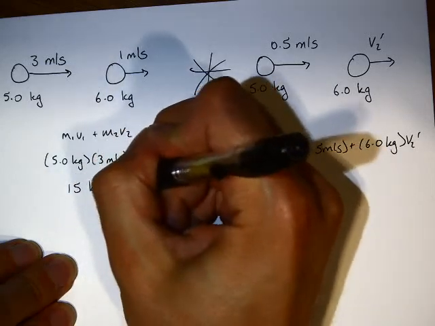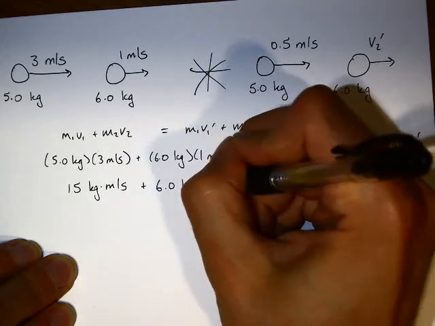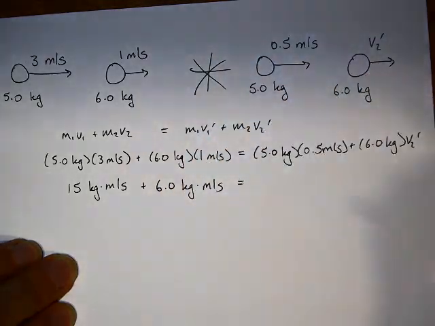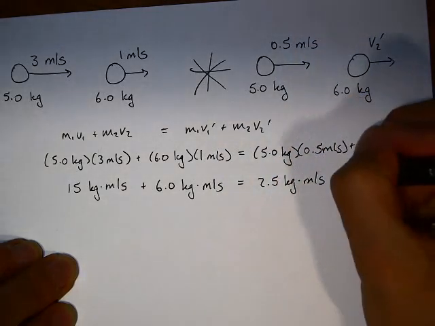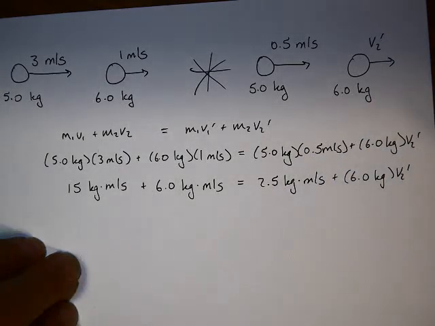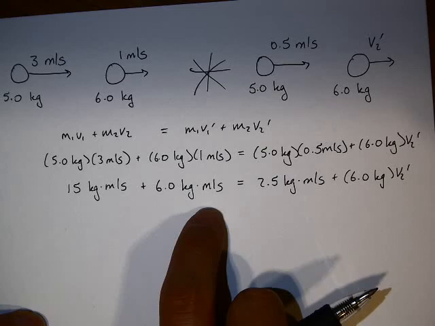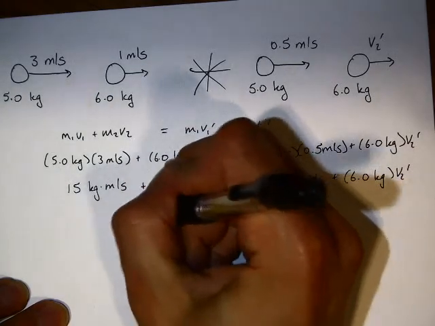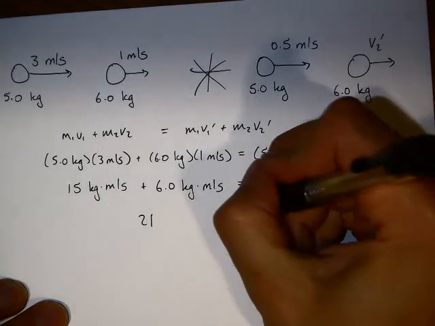This is 15 kilogram meters per second plus 6 kilogram meters per second equals 2.5 kilogram meters per second plus 6.0 kilograms times v2 prime. I'm going to drop the units because they're getting tedious to write. We have a total momentum prior to the collision of 21. The momentum after the collision is also 21.